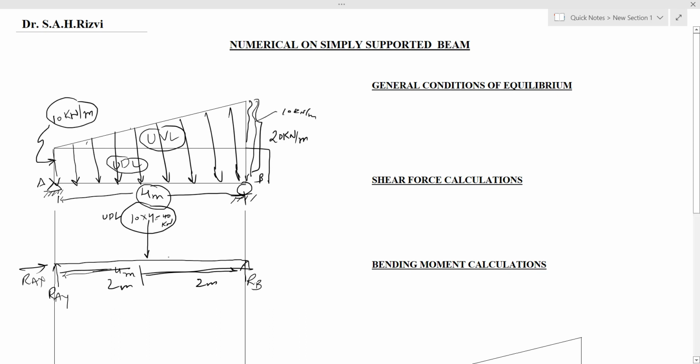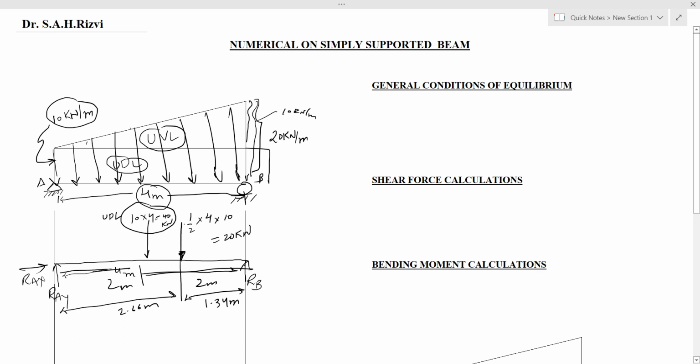The UVL will act at 2/3 distance from the thin end, that is 2.66 meter from A and 1.34 meters from point B, 1/3 from B and 2/3 from A. It will be half base, that is 4 meter, into height 10, it is 20 kilonewton.